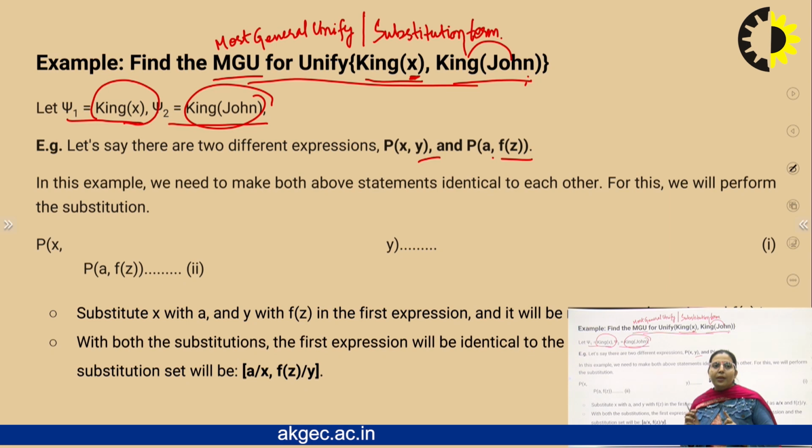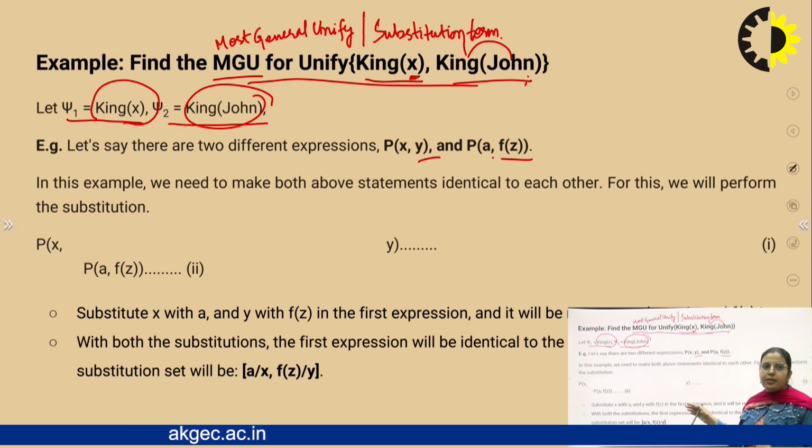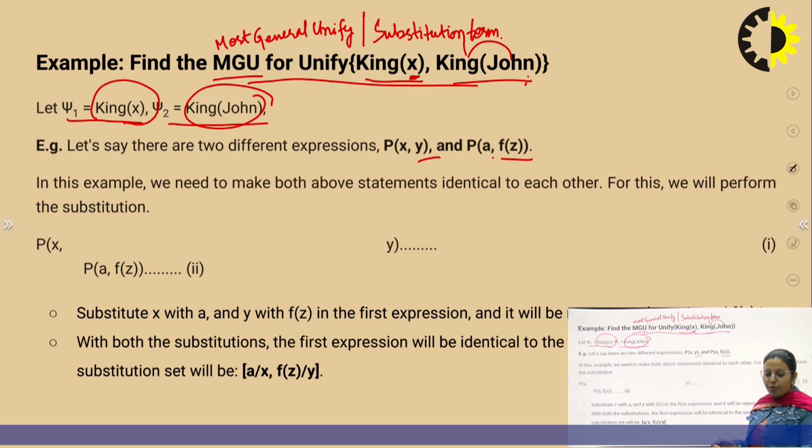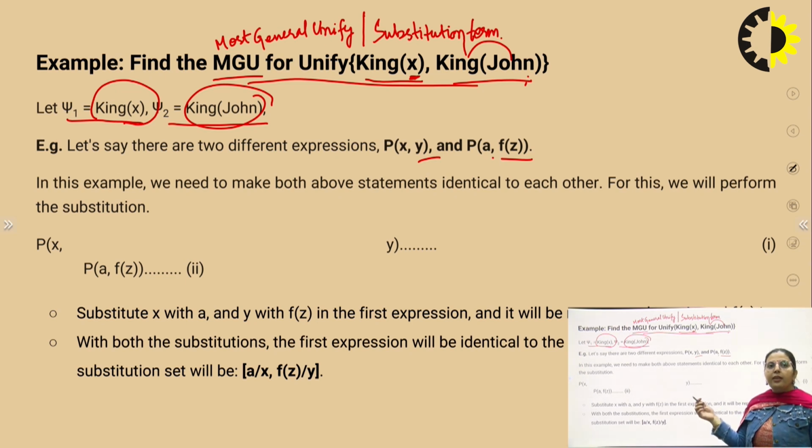This can only be done if we follow some facts that need to be followed while applying unification. Before I explain this example in detail, I want you to know what facts need to be followed to make the two different terms identical. So here is another example also. This one is an expression, this one is an expression; this one is considered psi1, this one is considered psi2.